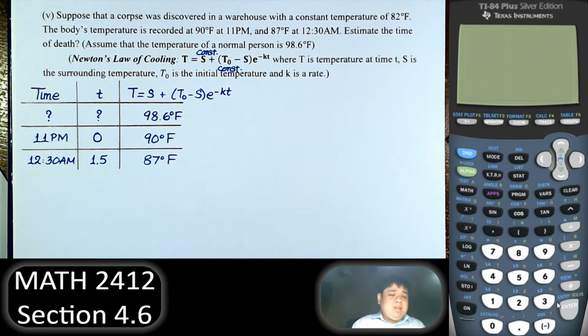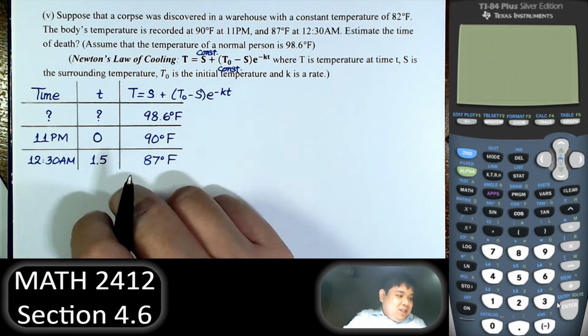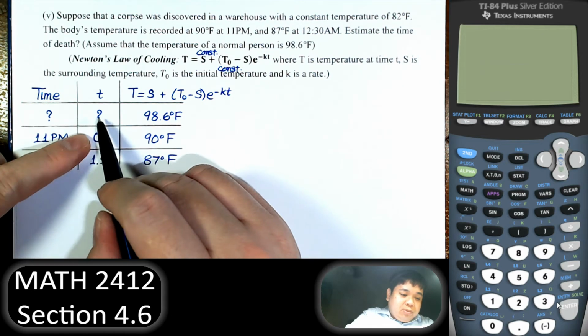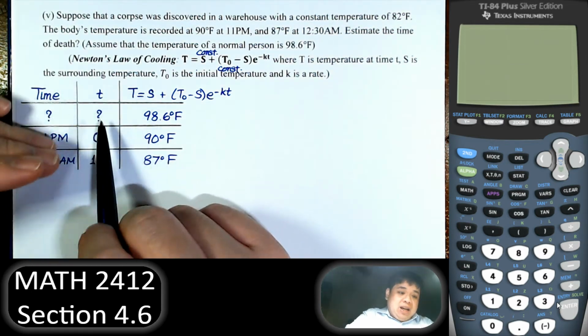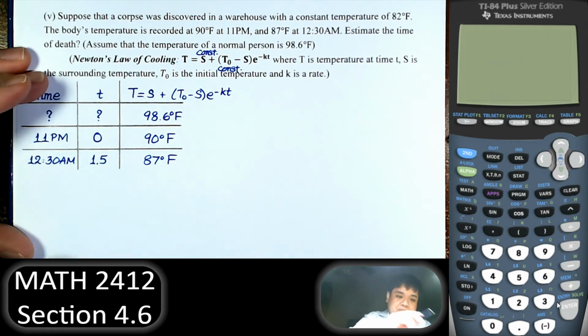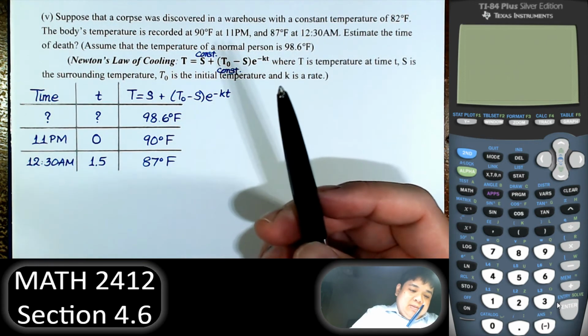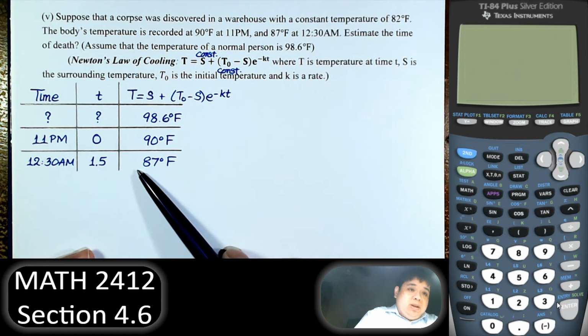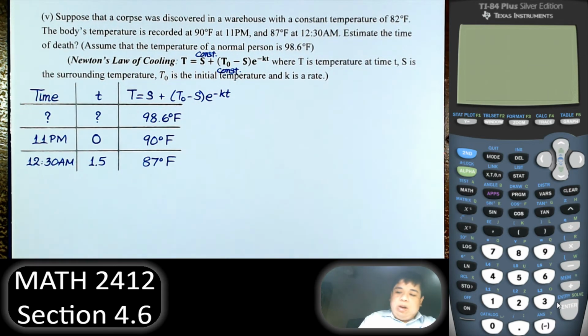Even though the concept of negative time physically does not make sense, in this model we can let time be negative, meaning the time before 11 p.m. And then 87 degrees will be 1.5 hours after 11 p.m. Right, so that's what we have. Now, of course, from here we just pick out the pair of information that we know, and then choose the one that we don't, and then solve for it.